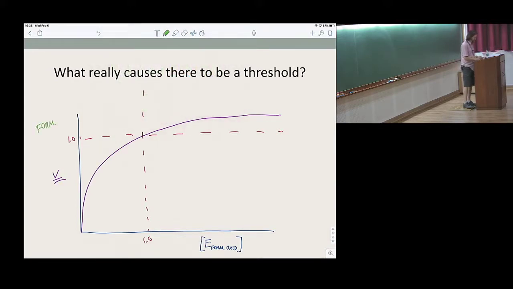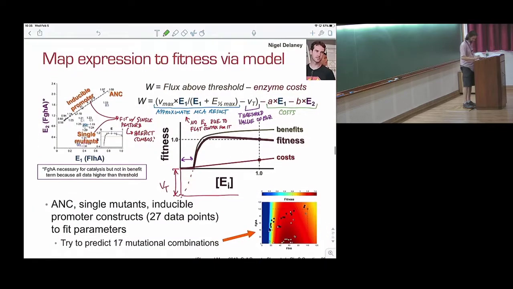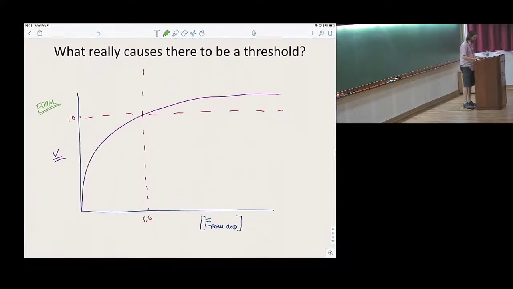It turns out the enzymes in the pathway are the ones immediately downstream of formaldehyde. So if they're too low, what is the substrate that's going to build up? It's not just anything, it's formaldehyde.